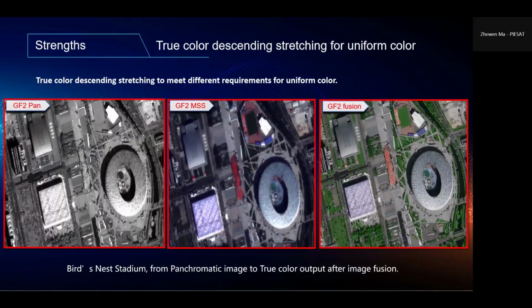Up next is its true color de-stretching for uniform color. Normally in the actual work of processing satellite images, the most energy- and labor-consuming process is always the uniform color process, and that usually requires a lot of experienced personnel, and they also have to work very long to have the final result tuned to be more preferable to our naked eyes.